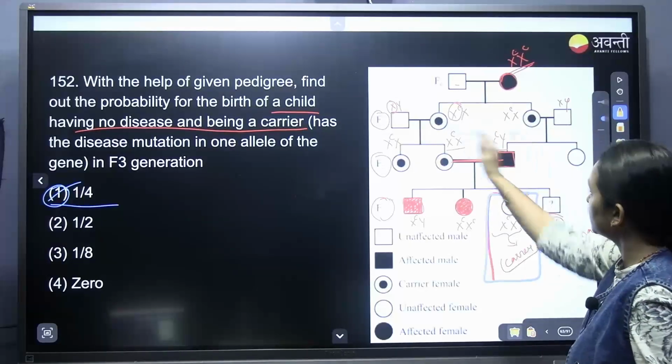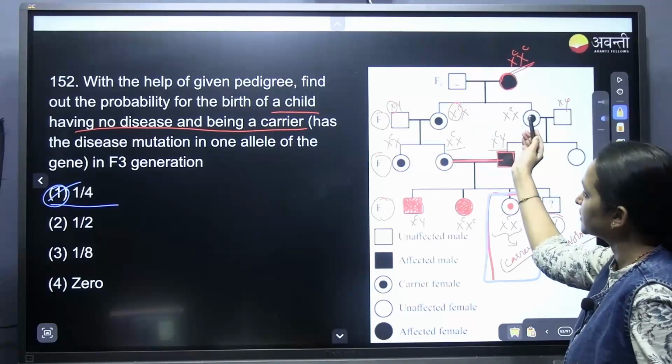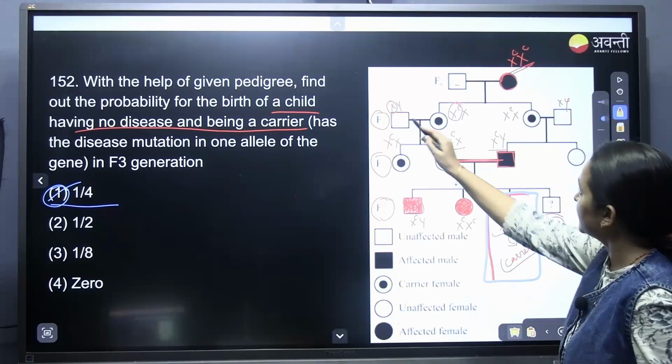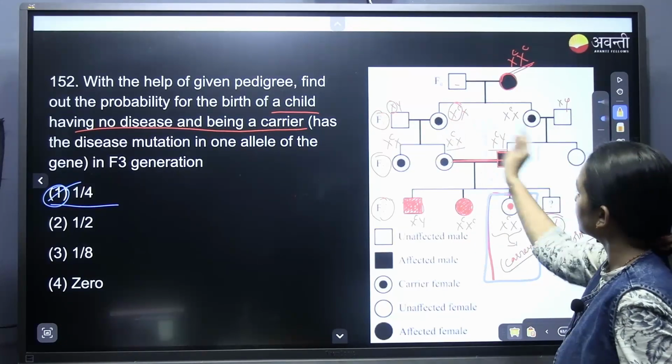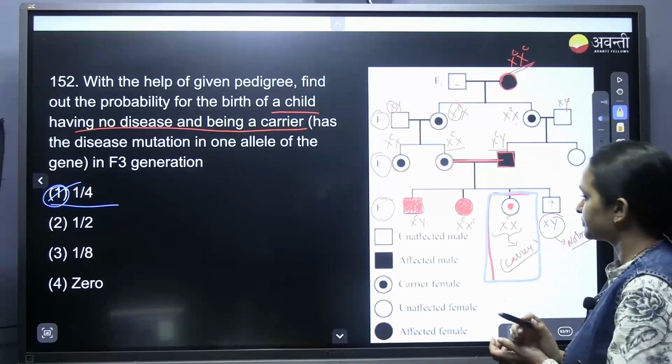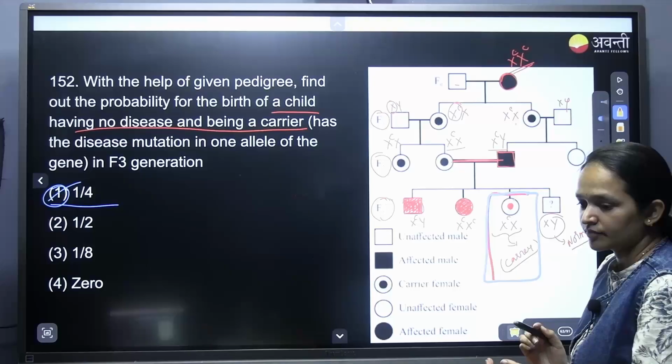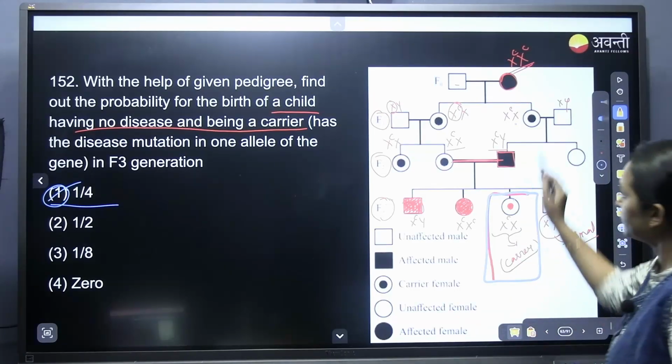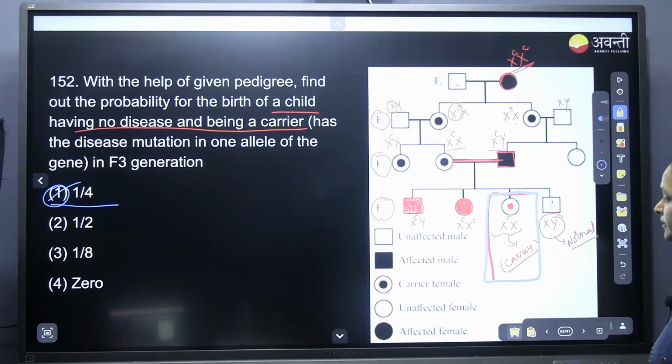In this generation, we couldn't know that these are carriers. So in this particular generation there is no disease, these are carriers. Only in this generation it is there. So it is recessive, and 1 by 4 is the probability of the carrier in F3 generation.